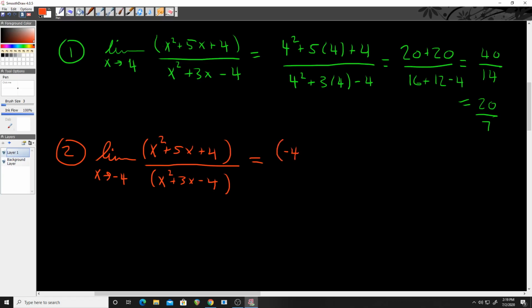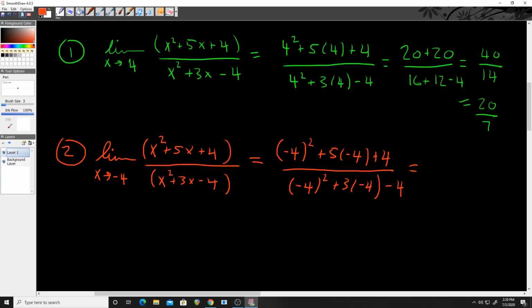We get negative 4 squared plus 5 times negative 4 plus 4 over negative 4 squared plus 3 times negative 4 minus 4. And let's see what happens here.